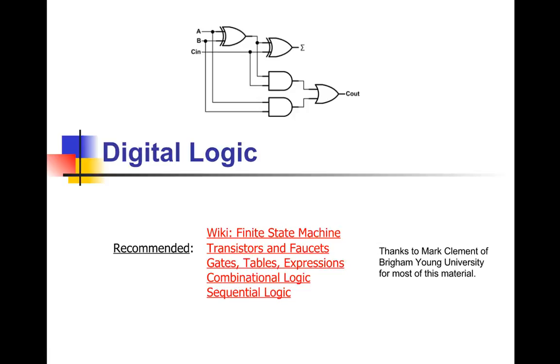It's really important to understand what's happening by looking at these diagrams. If you don't understand the diagrams, it makes it really hard to understand from just the prose in the data books and the programming guides how things work. And so that's why we're looking at digital logic.